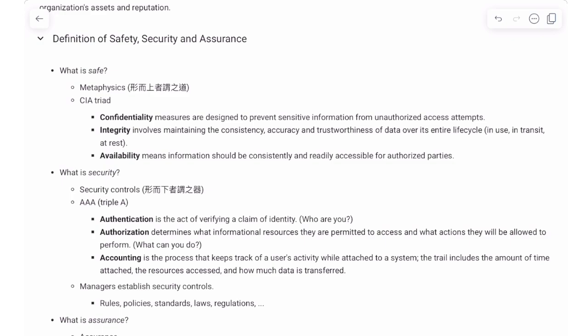Because we usually say, okay, please go home safe, right? We never say please go home security or go home secure. Safe means some kind of feeling in your mind. So that is more metaphysical. Okay, so in every security textbook, in the very first page they will talk about the CIA triad. That means confidentiality, integrity, and availability.